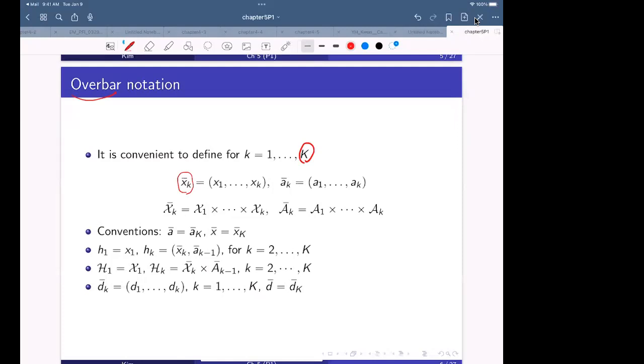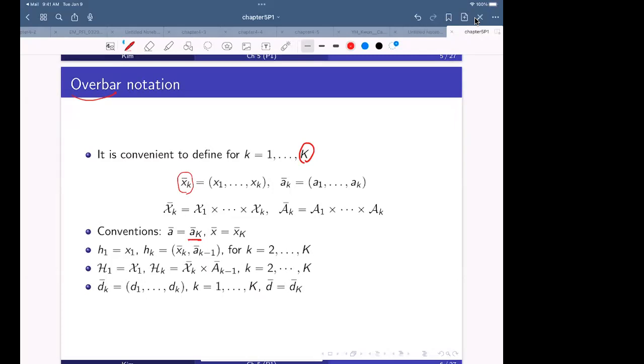When we reach the final digit, capital K, sometimes we can ignore the subscript K. Same here.